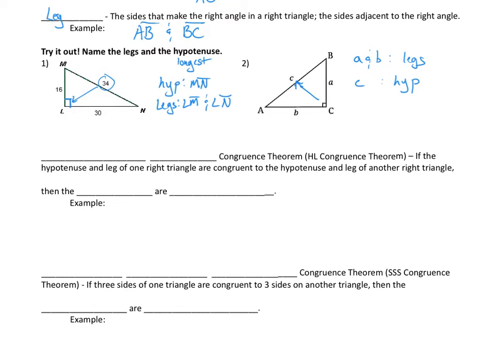So that brings us to the next theorem that we will learn, our hypotenuse leg. Our hypotenuse leg congruence theorem, or HL: if the hypotenuse and a leg of one right triangle are congruent to the hypotenuse and leg of another separate right triangle, then the triangles are congruent.